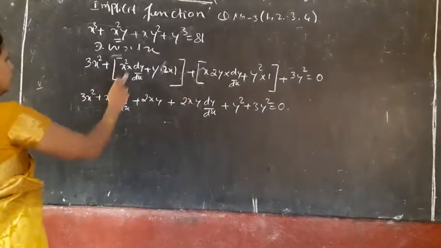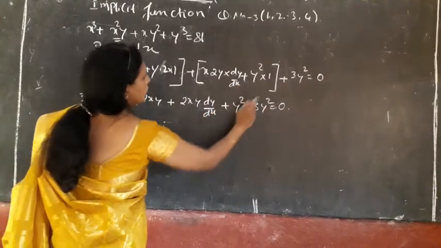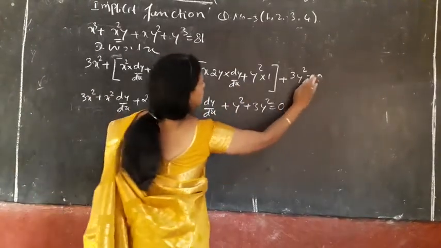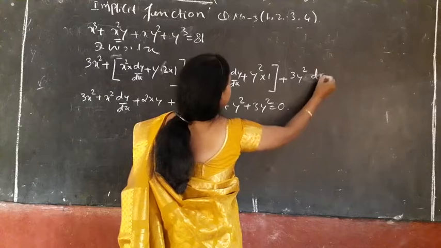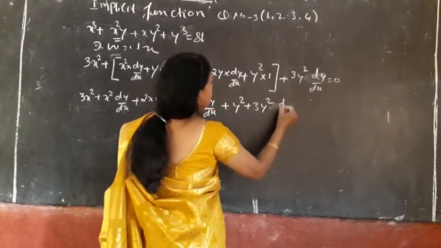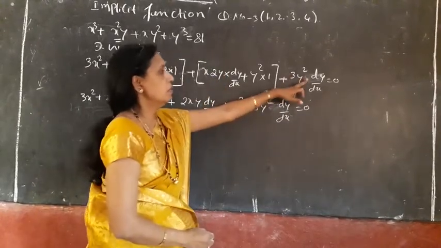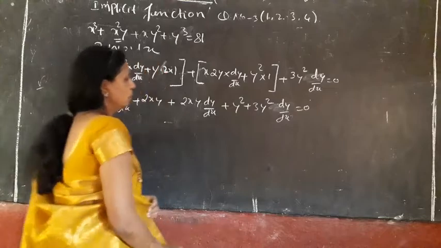See here, this term, this term, and the last term, that is 3y square, with differentiation of y with respect to x being dy upon dx.